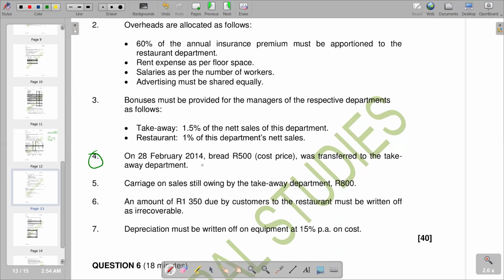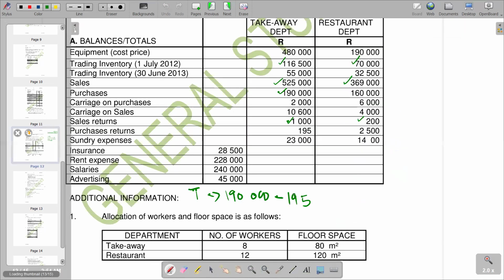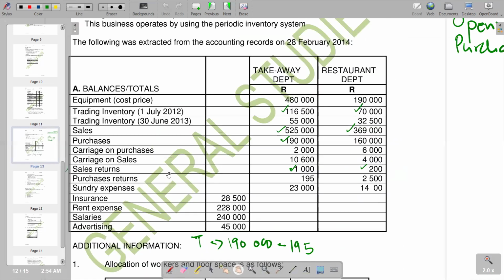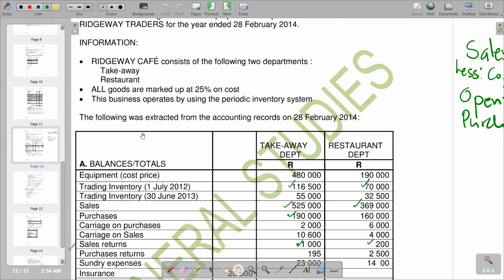It reads: on credit, February 2014, bread of 500 rands cost price was transferred to the takeaway department. If you have a transfer like this, remember, at the beginning of our question there is an instruction that the business operates using the periodic inventory system.